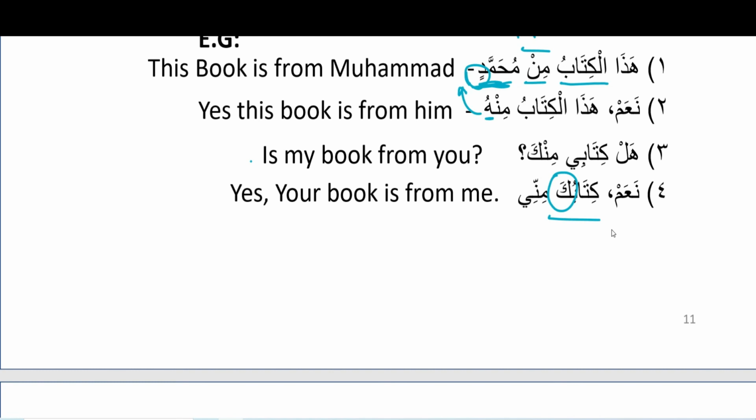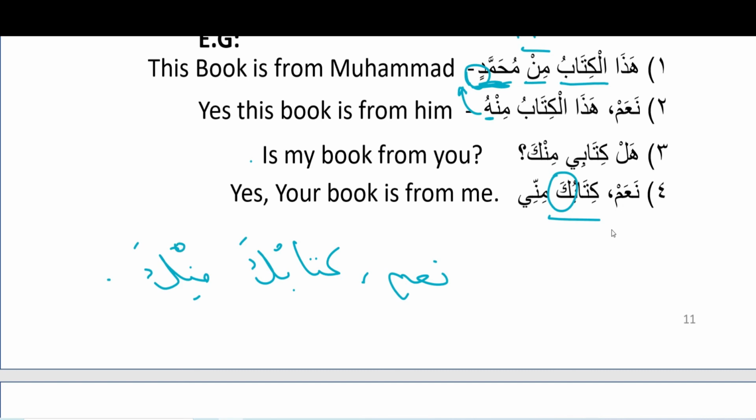If it's Naam kitabuka minka, then it makes sense. Why? If I were to say Naam kitabuka minka, it has some sense for this sentence. Because your book is from you.